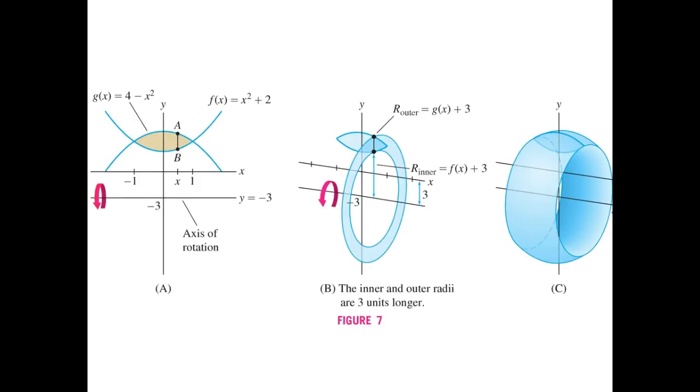Here is f of x equal x squared plus 2, and this is g of x equal 4 minus x squared. That region that's intersected by those two parabolas, that's the part that we're rotating around the x-axis.